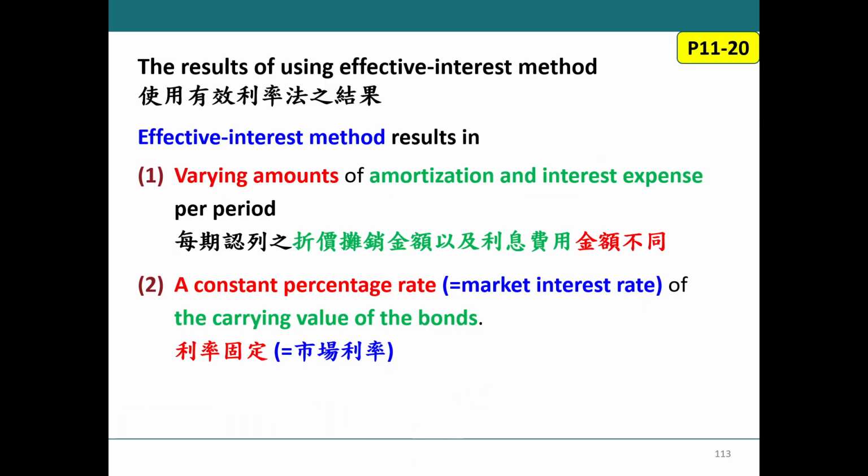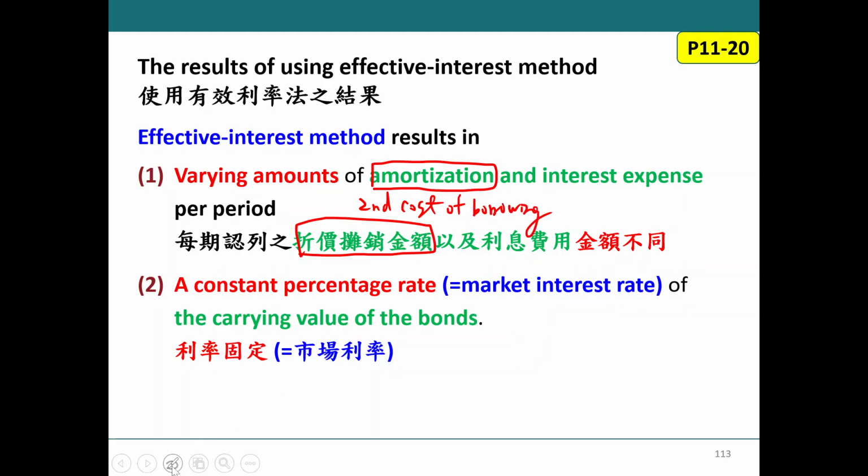Okay, so this is what the slide mentioned here on page 113. Here it tells you your amortization means your second cost of borrowing, and your interest means your total cost of borrowing.